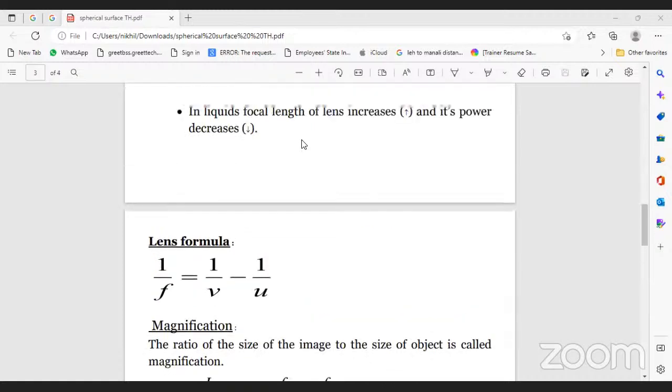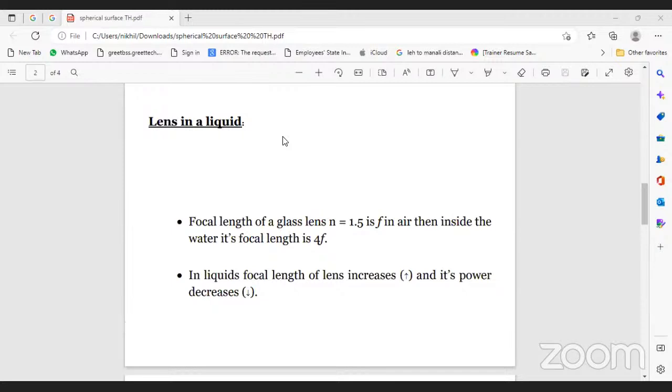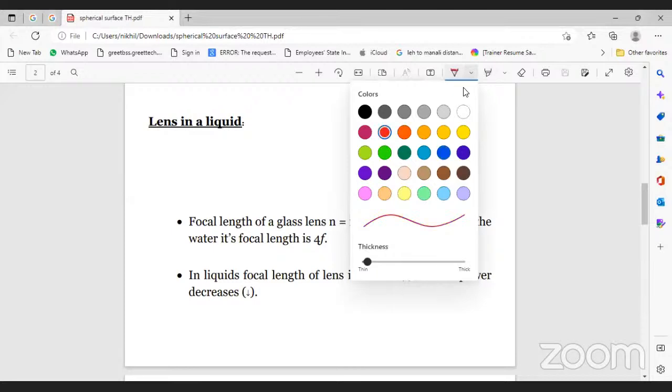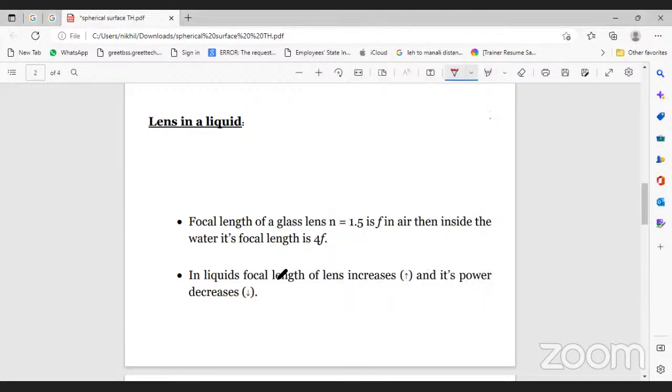In the last class, we were talking about lenses in liquid. As I explained, whenever a convex lens is immersed inside water, the focal length is going to increase by how much? 4 times.